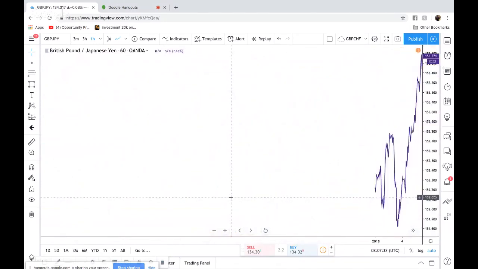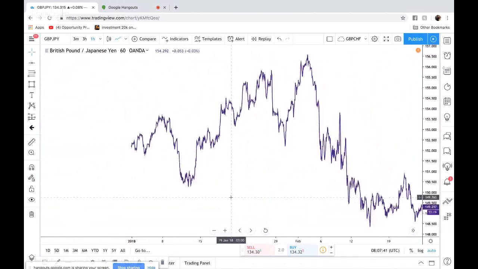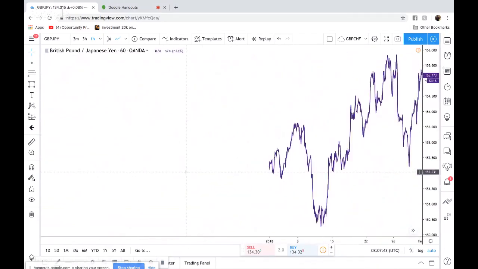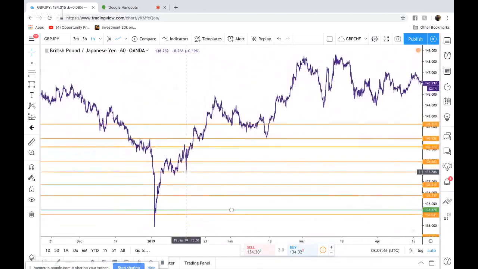Trying to go back in price to see if we can deal with anything, but it looks like there isn't. TradingView won't let us go more back, so we've got to deal with what we have.